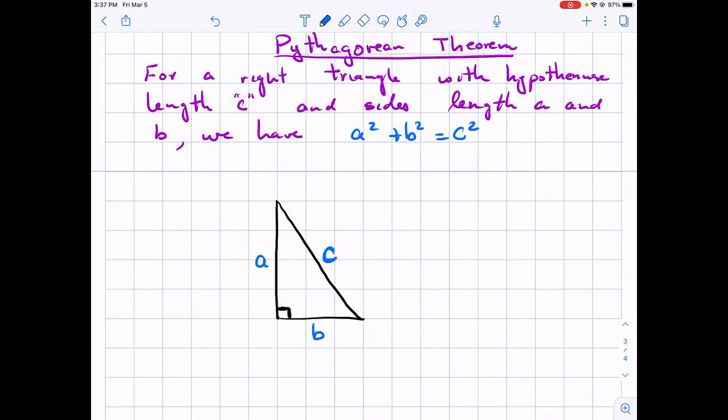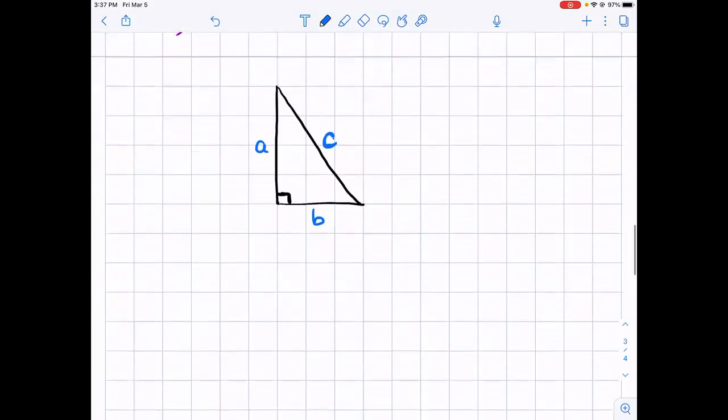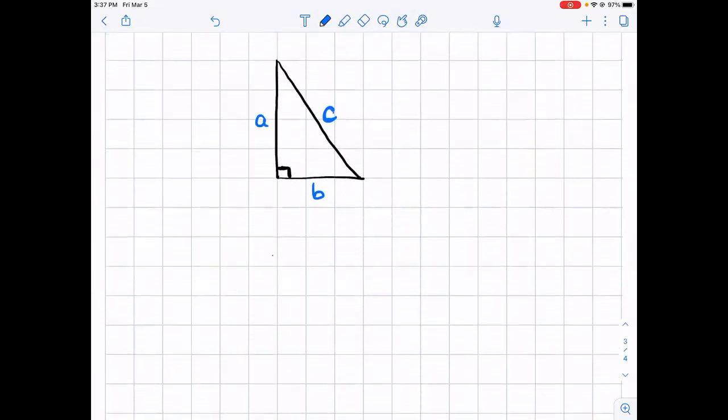What this is telling us is that if we take the two shorter legs of the triangle, a squared plus b squared is equal to c squared. And that's the Pythagorean theorem formula.